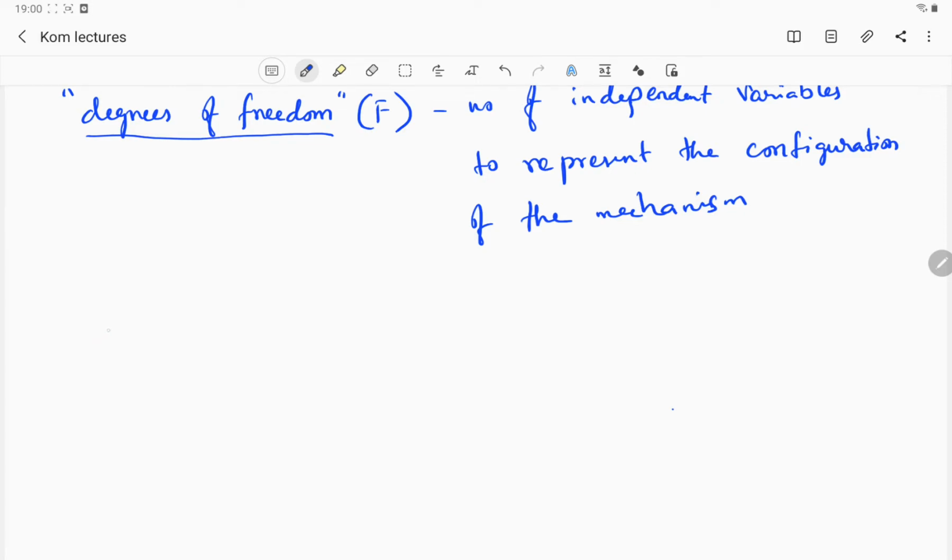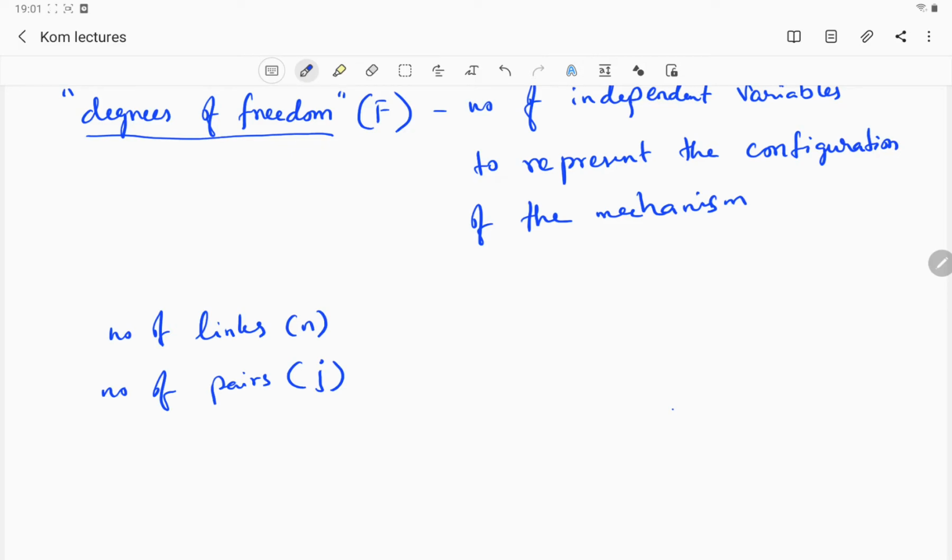One is the number of links, so let's call that number of links n, and another one is number of pairs, in particular hinges, which we shall call j. Sometimes it's been called hinges because we can consider the sliding pair as a limiting case of hinges. So I'm going to call it just pair.